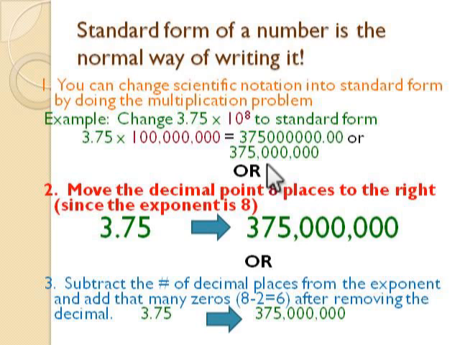Or you could move the decimal point the number of places the exponent is. Okay, since we had 3.75 times 10 to the 8th, that means we're going to move it 8 times. So it was sitting right here between the 3 and the 7, and we would go 1, 2, 3, 4, 5, 6, 7, 8.